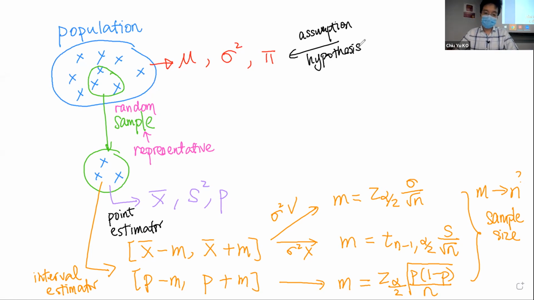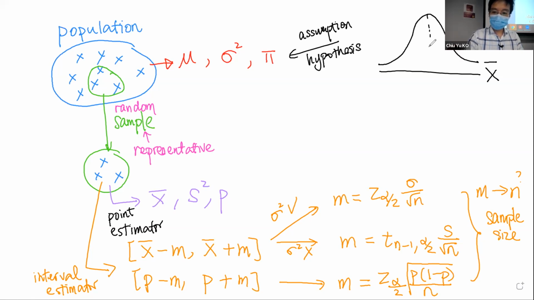And in that case, we would see what we learned by the law of large numbers, the central limit theorem, or the normality assumption: under what we assume, the sample mean will have the expectation at the population mean and looks like a bell curve, right? So this is what we learn.